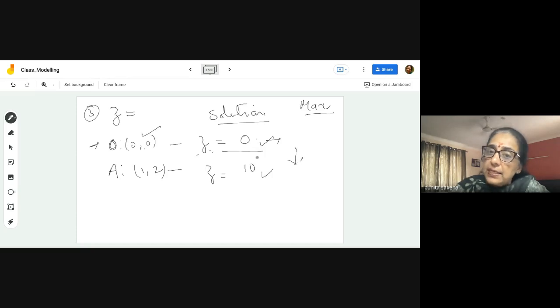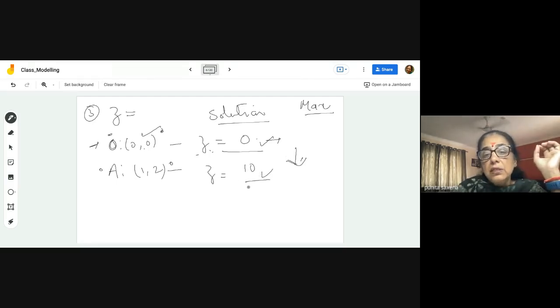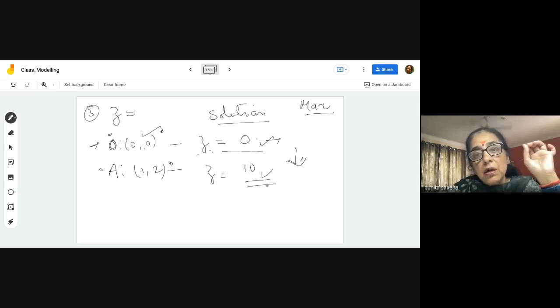The value of Z has increased. As you have moved from one extreme point to another, basically you have moved from one basic feasible solution to another basic feasible solution. And in this process, you observe that your value of Z has improved. We yet don't know whether this solution is optimal or not.